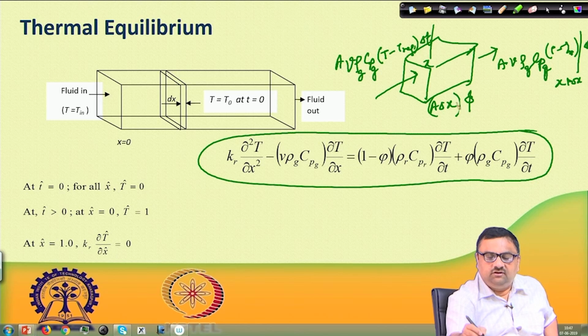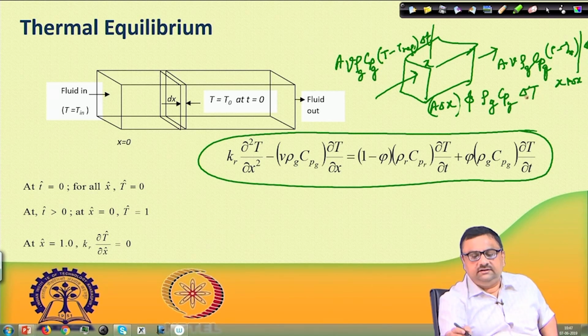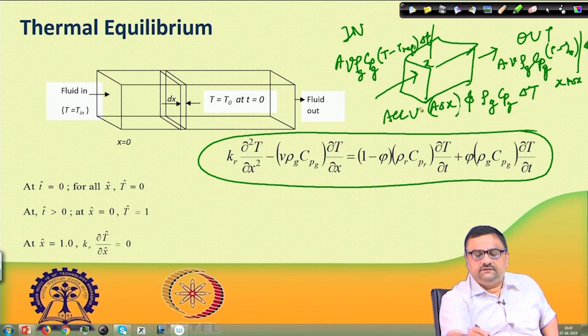This gives me the void volume, then multiplied by rho g Cpg, and the temperature change is, let us say, delta T. So, this is in, this is out, this is accumulation. In minus out is equal to accumulation, and delta x goes to the left-hand side.